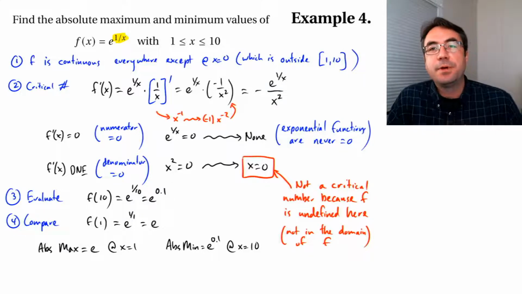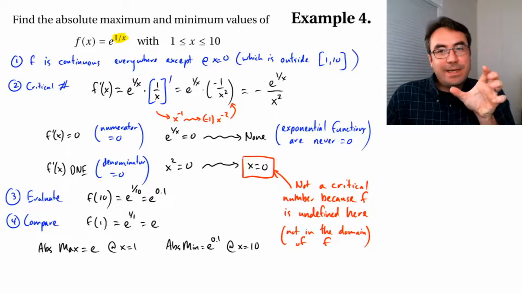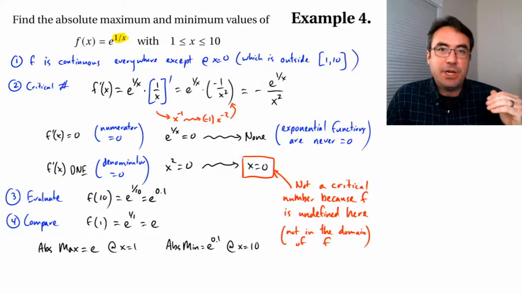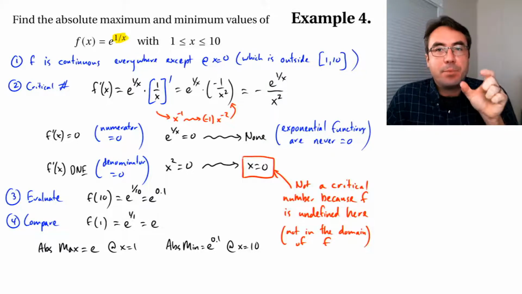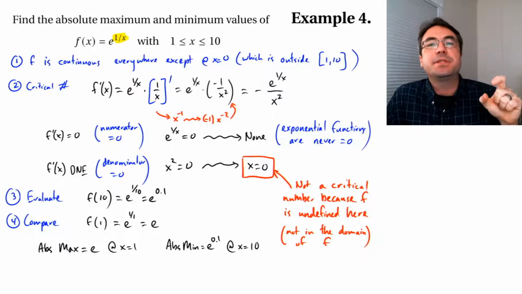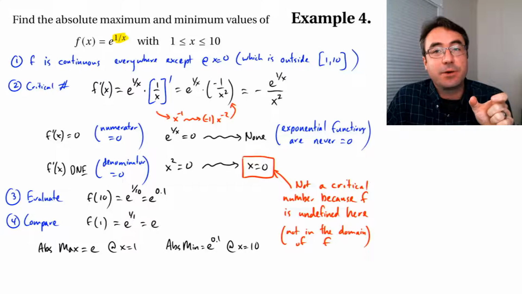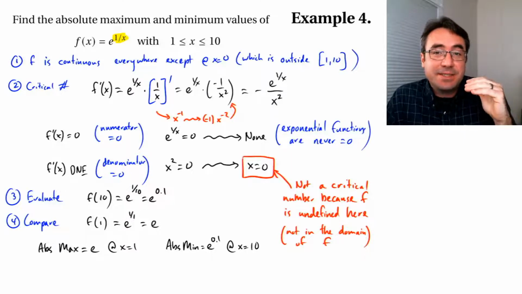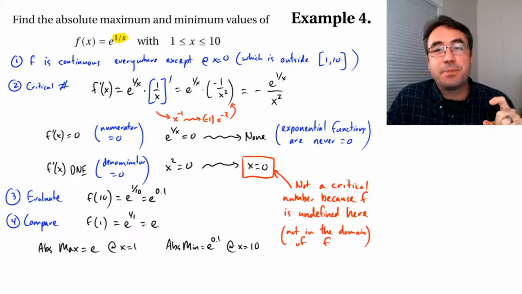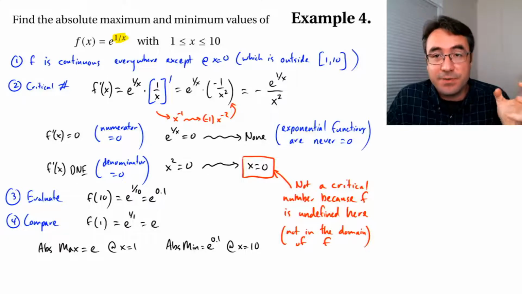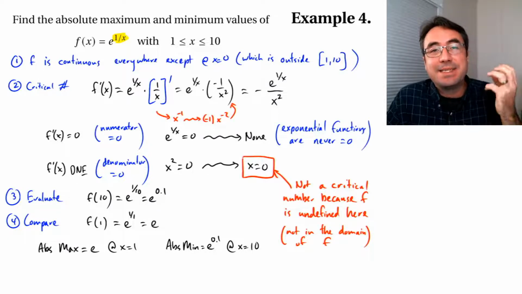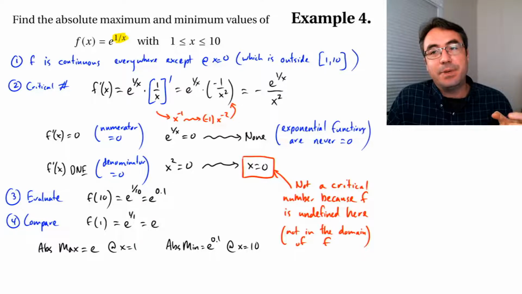So this example really illustrates that the process is generally the same, but the interesting thing here is that we got the result x equal to 0, which satisfies some of the conditions for being a critical number. Our derivative is undefined there, but it's not technically a critical number because the original function f is undefined there.